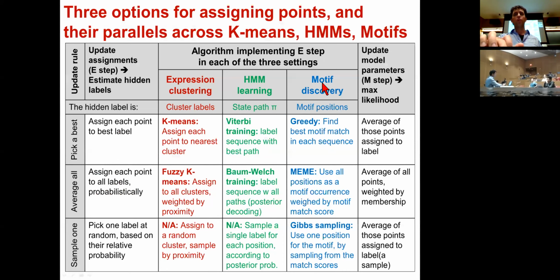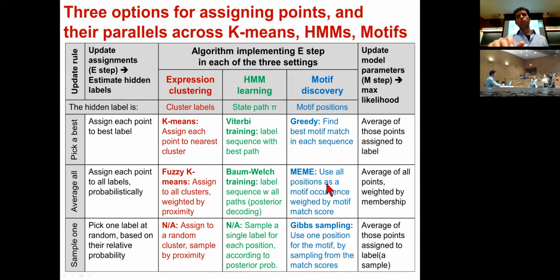And now in the motif discovery instance, the hidden label will be where are the starting positions, or alternatively, what is the motif definition. And then greedily, I could find the best motif match in each sequence. And that's probably the first thing you had in mind. If I have a particular sequence pattern, I'm just going to search it and see where it matches. I'm going to use that. And that's effectively the equivalent of Viterbi training, or k-means.